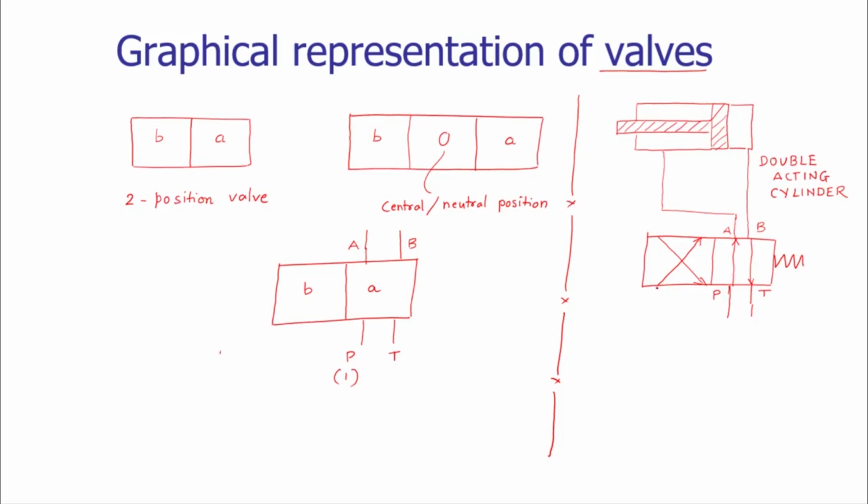So in this case, we are not rewriting the A, B, P, T for the next position. It is understood that this point is P, this point is T, this port is A, this port is B. We are only providing the direction of movement of the fluid for the next position. But we need to show how this position is getting achieved, how this position is getting actuated.